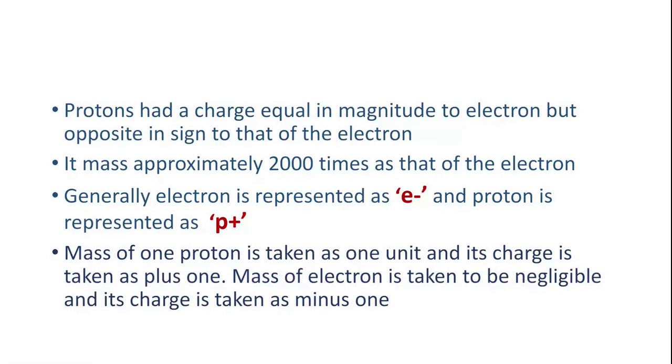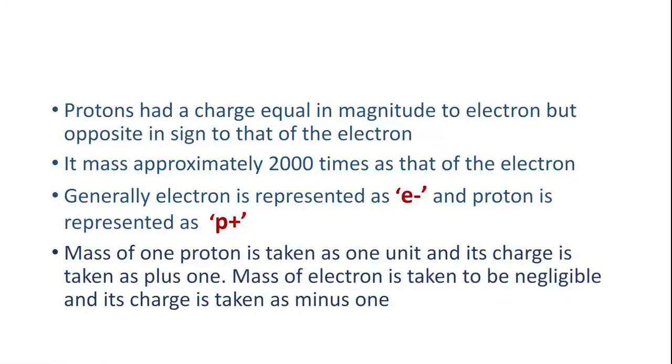The electron is generally represented as negative, and the proton is represented as positive. Mass of one proton is taken as 1 unit, and its charge is +1, and the mass of the electron is negligible, and its charge is -1.